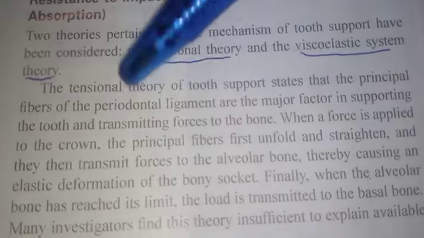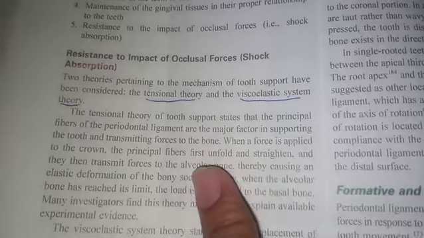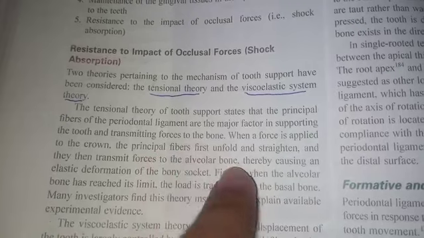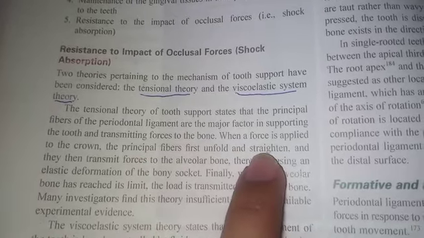When force is applied to the crown, the principal fibers first unfold, then they straighten themselves.